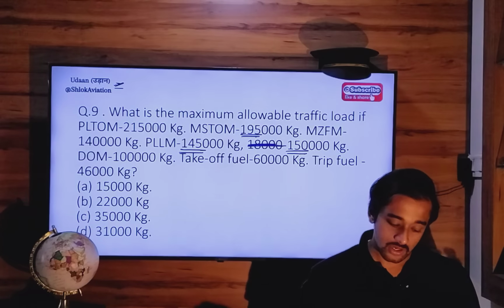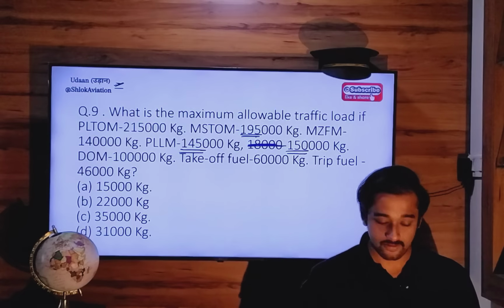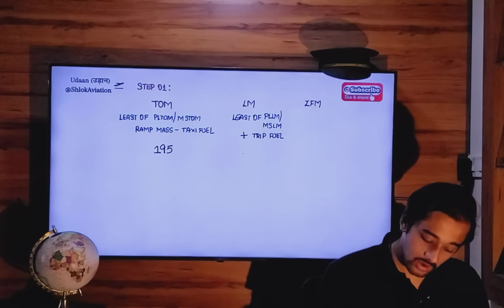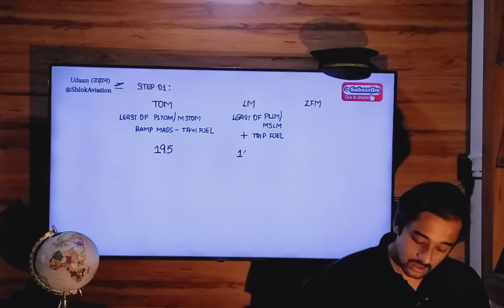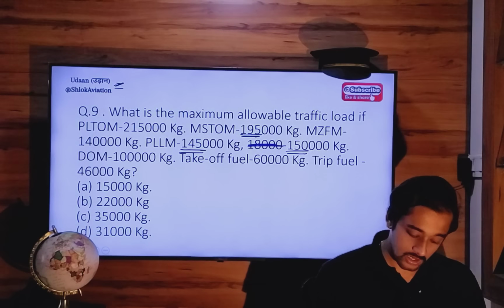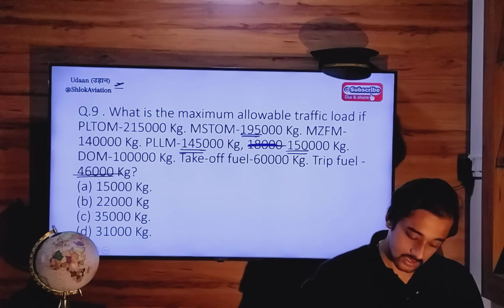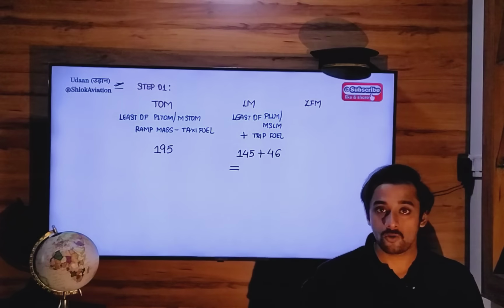Okay, ignore this. So the lesser value is 145. So 145 plus trip fuel. So trip fuel is 46,000 or 46. So plus 46.